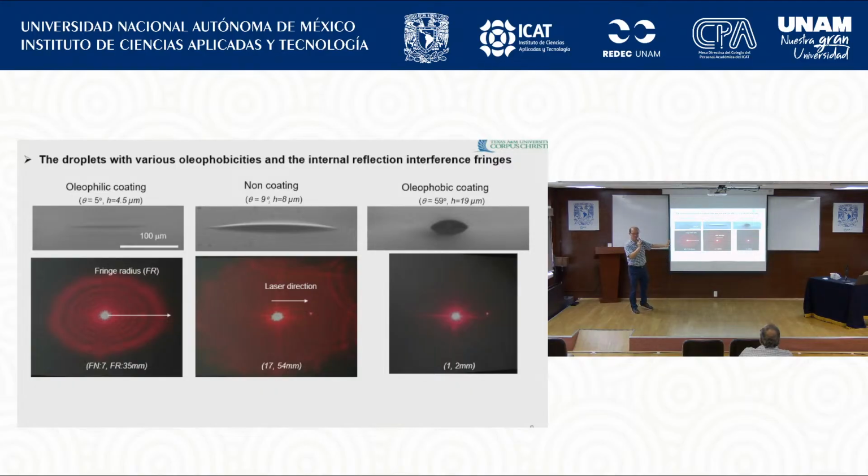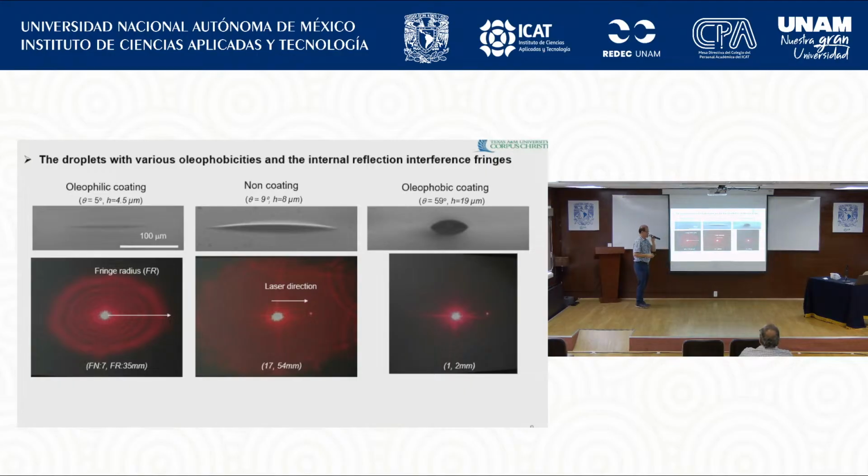This was for the oleophobic coating condition, which means the thickness is very thin. It's not a monolayer, but the droplet is very thin. We also observed there are no fringe patterns for the very thick droplet.